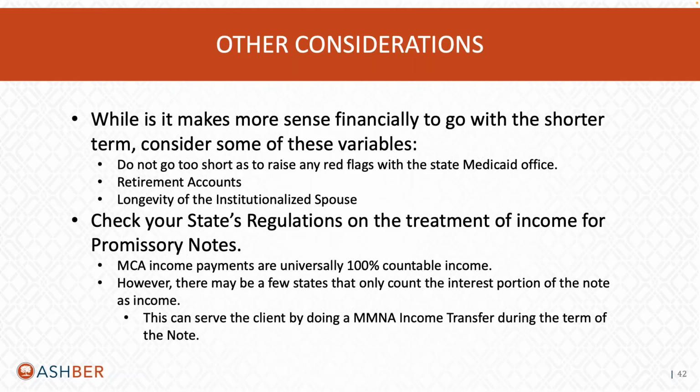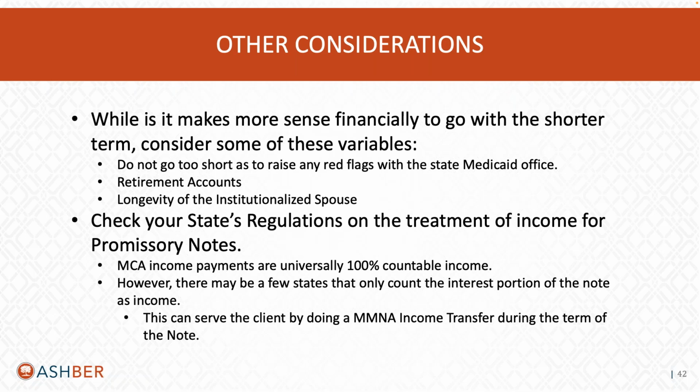So another thing I will say here, and this maybe applies to a few states, I don't know particularly how much, but I've heard this in a couple of states regarding promissory notes and the treatment of income for promissory notes. As I mentioned earlier, income for an MCA is typically universally 100% countable. I've not heard a state that would only allocate certain portions of that annuity payment as income.